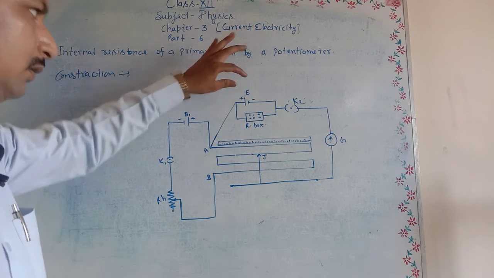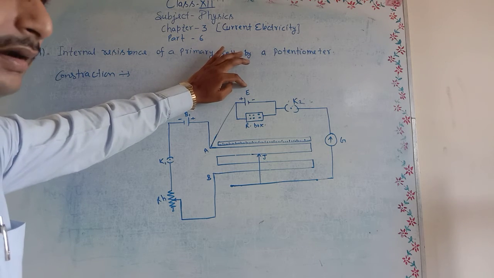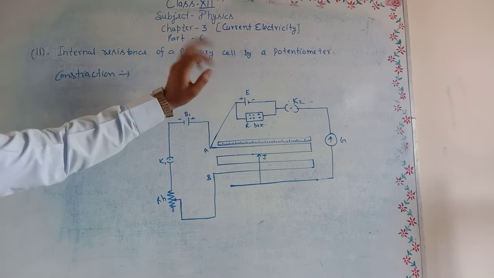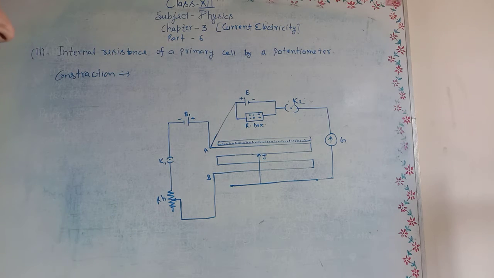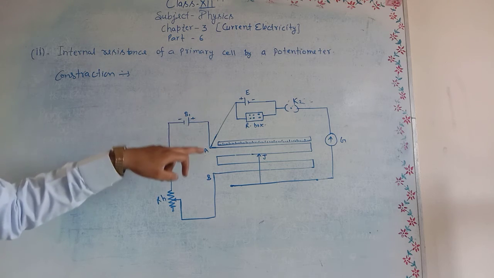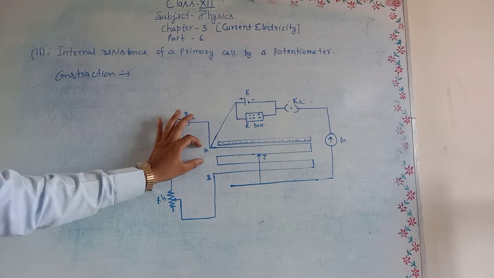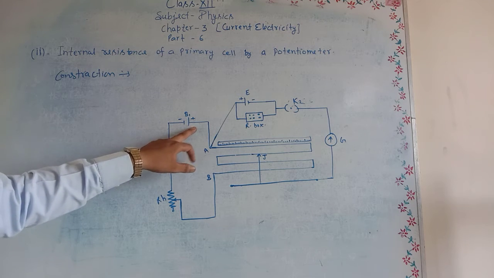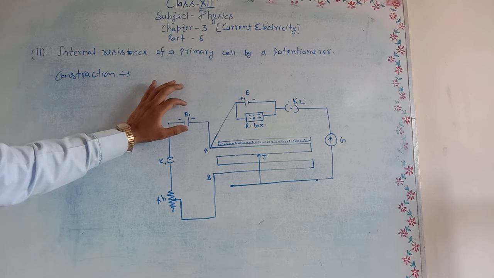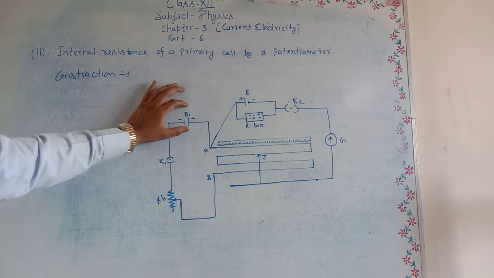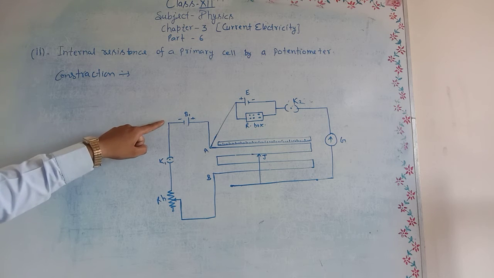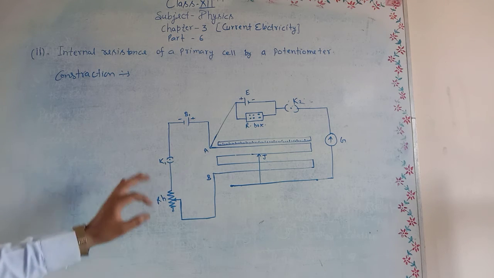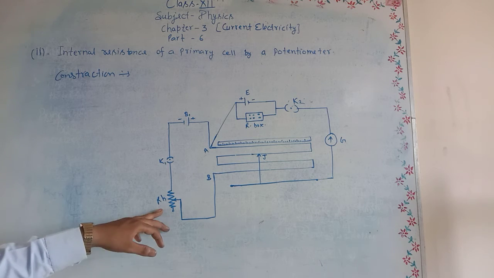The cell whose internal resistance is to be determined has its positive terminal connected to the end A of the potentiometer wire, and point A is also connected to the positive terminal of a strong battery V1, and the negative terminal of the battery V1 is connected to the end B through a plug key K1 and rheostat RH.